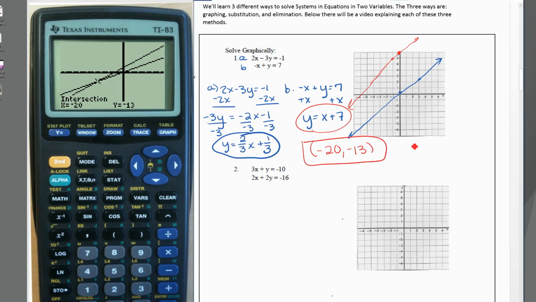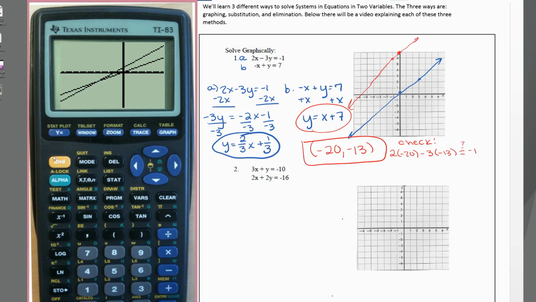Remember to check: we would plug it into both equations to see if it works. So for the first one we'd say, okay, is 2 times -20 minus 3 times -13 equal to -1? So let's see. 2 times -20 minus 3 times negative 13.